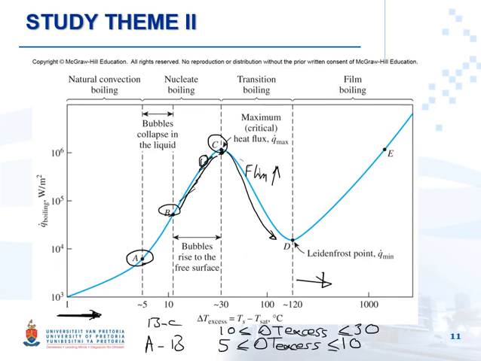But the fluid cannot receive this increased energy at an excess temperature just beyond point C. Therefore, the heater surface ends up absorbing the increased energy, causing the heater surface temperature to rise.